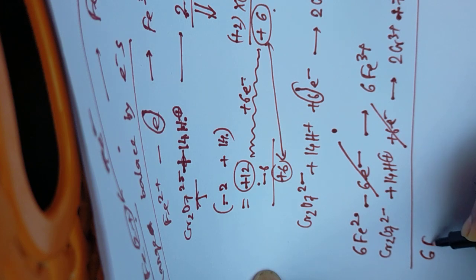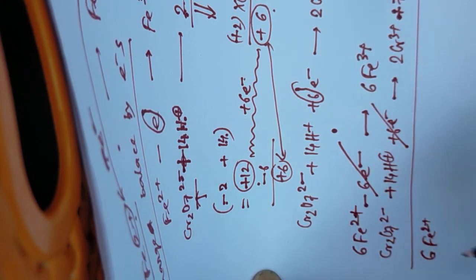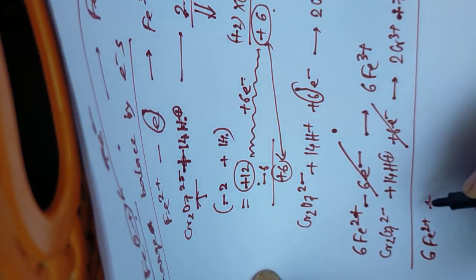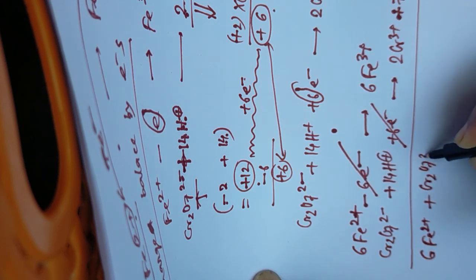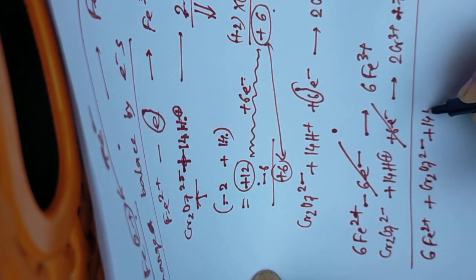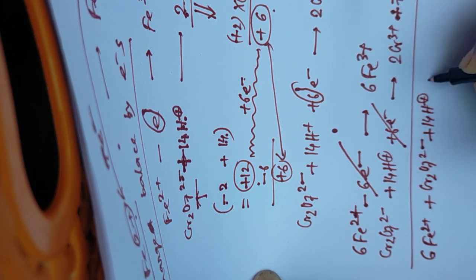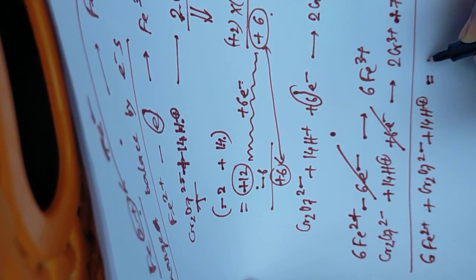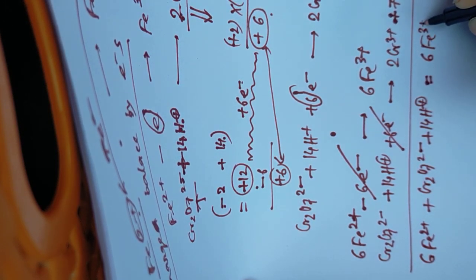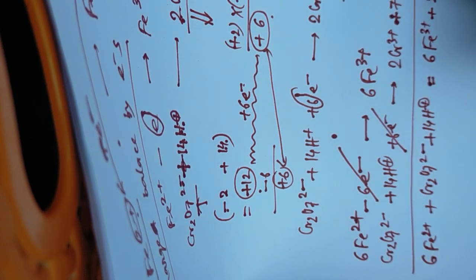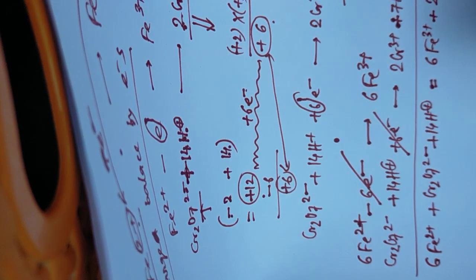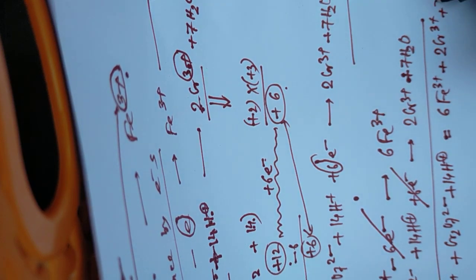So 6 Fe2+ plus Cr2O7 2- plus 14H+ equals 6Fe3+ and 2Cr3+ and 7H2O.